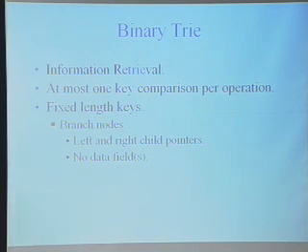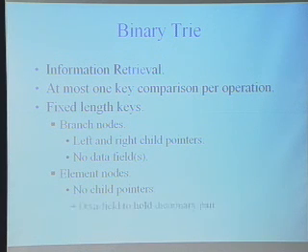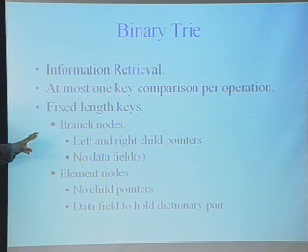So here a branch node cannot store data, it can only have pointers. Then you have element nodes, where element nodes can't have children, but they can only store data. So for the fixed length case, you have really two types of nodes, branch nodes and element nodes.